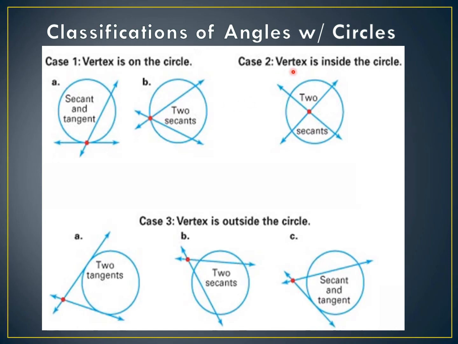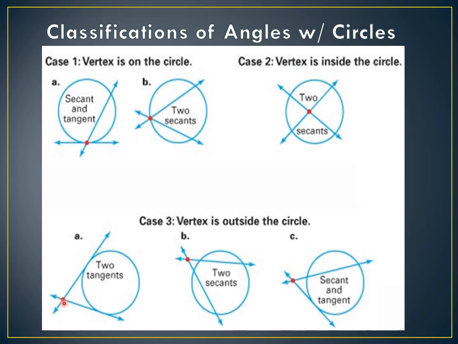Another case is yung vertex is inside the circle. So dito meron tayong dalawang secant na nag-intersect inside the circle. So nasa loob yung kanilang vertex, yung vertex ng angle na na-form. Yung case 3 naman, yung vertex is outside the circle. So, dito sa figure A, meron tayong dalawang tangent na nag-intersect outside the circle.